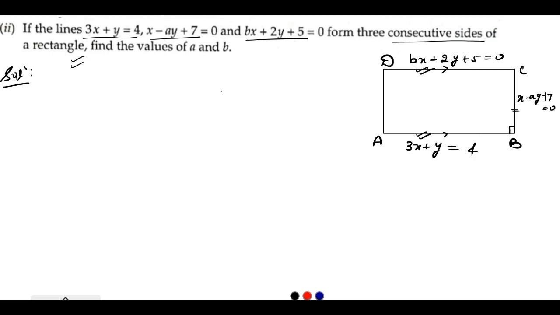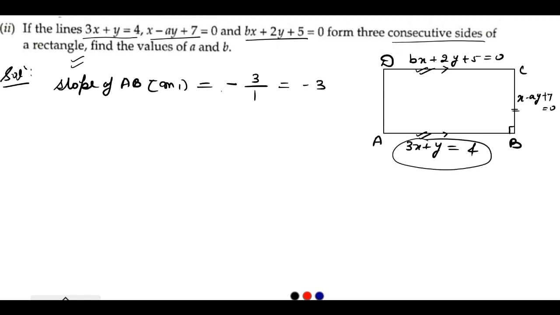First of all, we can find the slope of all three sides. Slope of AB is minus coefficient of x divided by coefficient of y, that is minus 3. You can also find the slope of AB by changing this equation in the form y is equal to mx plus c.